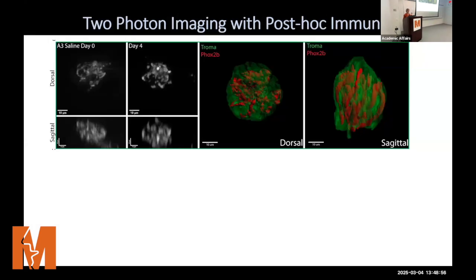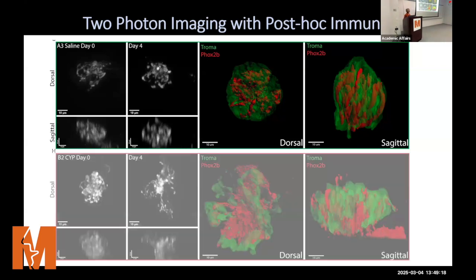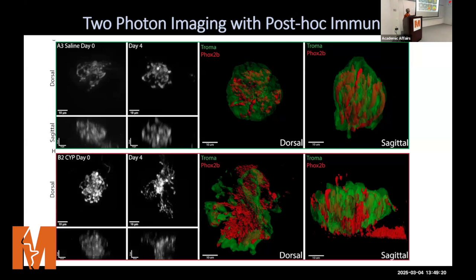So we can do this two-photon imaging experiment and then process the tongues for whole mount imaging afterwards, so we can get a fuller picture of what's happening both with the gustatory nerves, which you can image with the red channel, and also use the Troma staining to image the keratin 8 taste receptor cells. And in an intact mouse, the buds are nice and compact. They have this really beautiful structure.